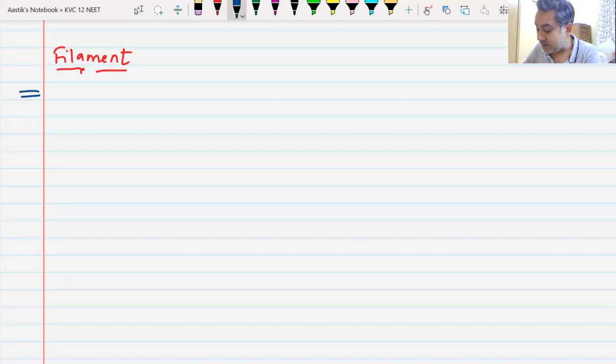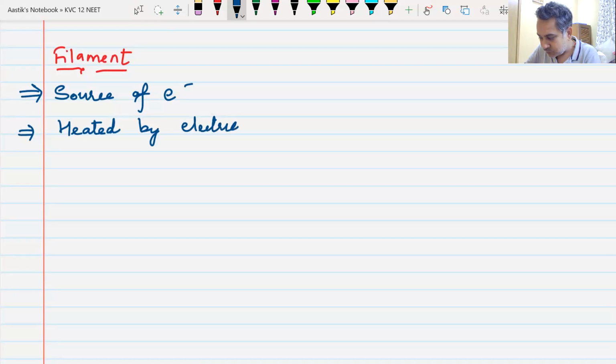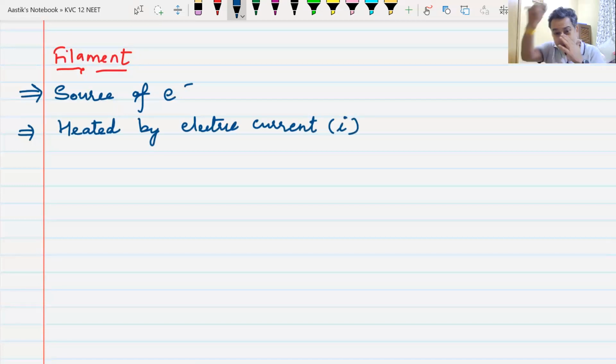What is the job of this filament? This is the source of electrons. It is heated. This filament is nothing but a sort of heater. It is heated by electric current, the electric current I that we drew in the diagram.